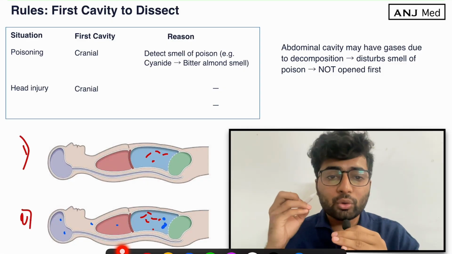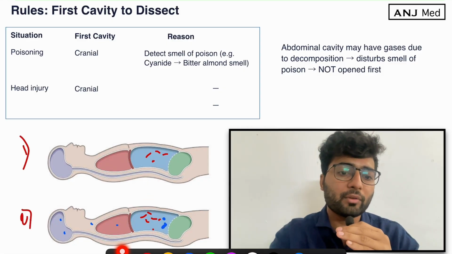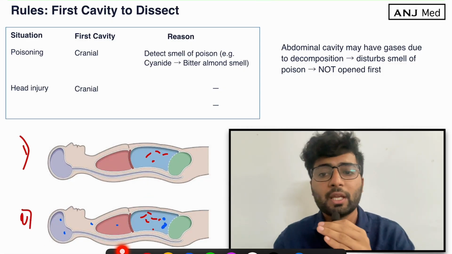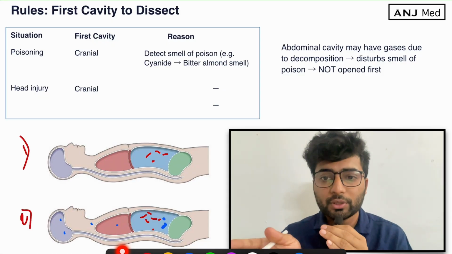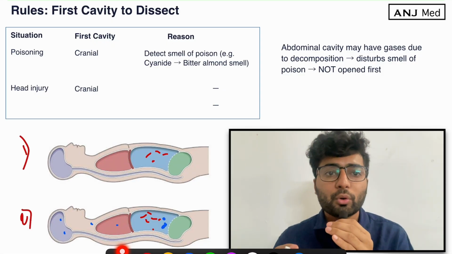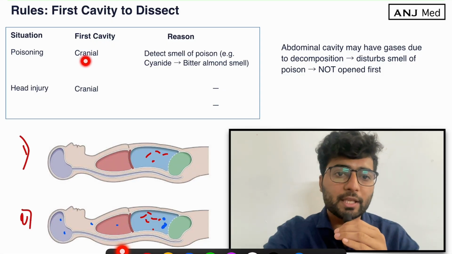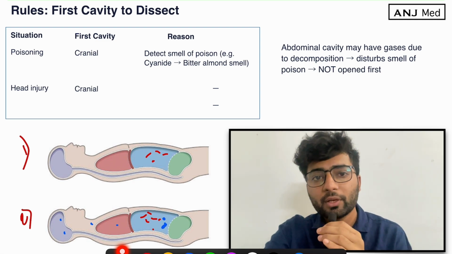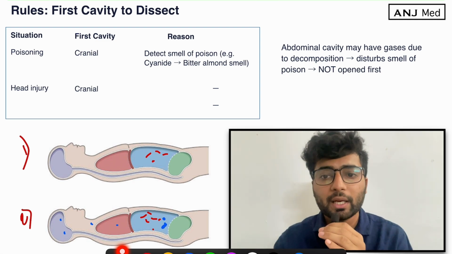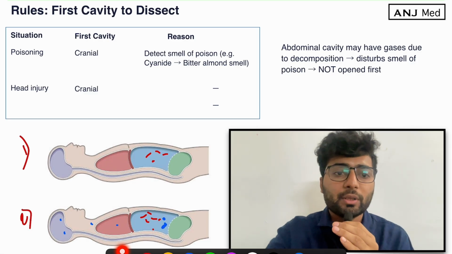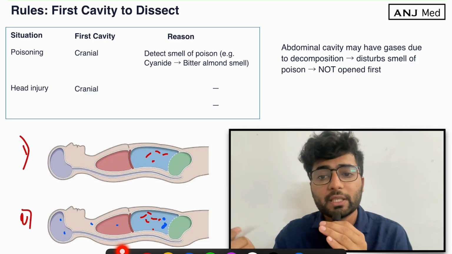That's why you don't open the abdominal cavity first, you open the cranial cavity first, so there are no decomposition gases coming up. So in poisoning, the first cavity to be opened is the cranial cavity to detect the smell of the poison. Example, cyanide has a bitter almond smell. In head injury, obviously we open the cranial cavity because the injury is there only.